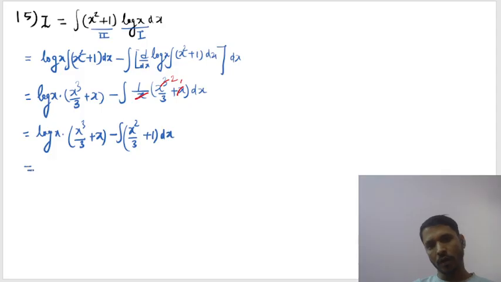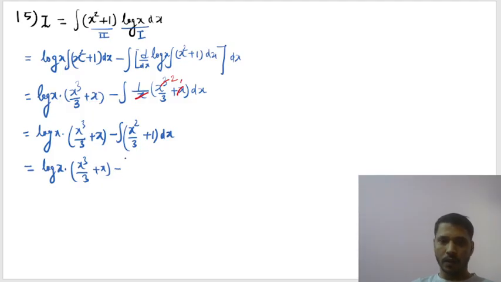So now we can write it as log x times x cubed by 3 plus x minus integration of this.